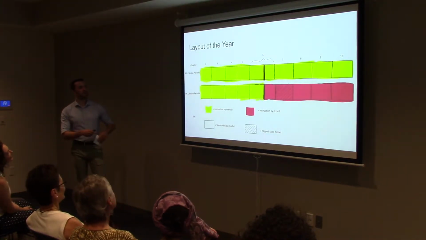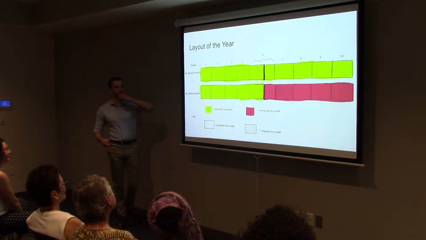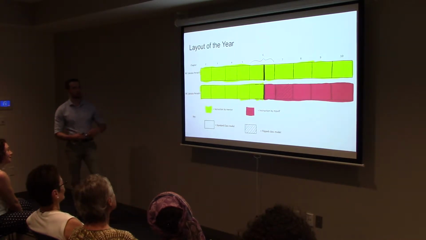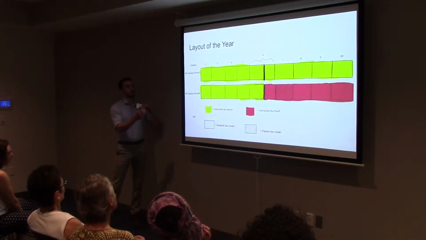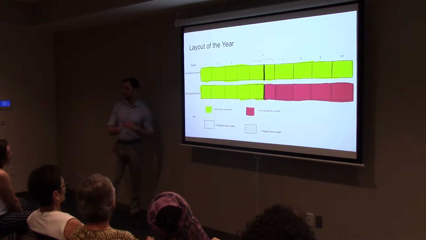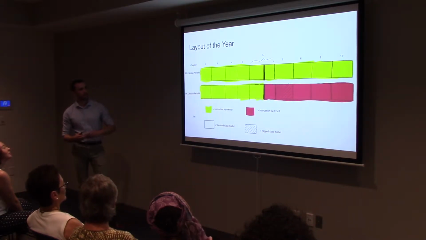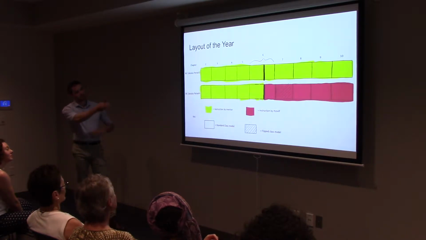And so here's a quick layout of the year. My mentor was responsible originally for 2 periods of BC Calculus, period 3 and period 4. These are 80-minute periods, by the way. So there's only 4 periods in a day. And my mentor had full responsibility for period 3 throughout the entire year. And I took over full responsibility for period 4 halfway through the year.